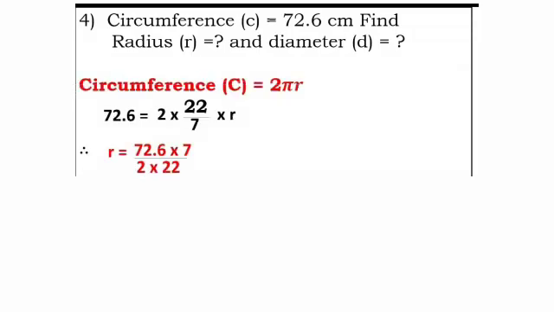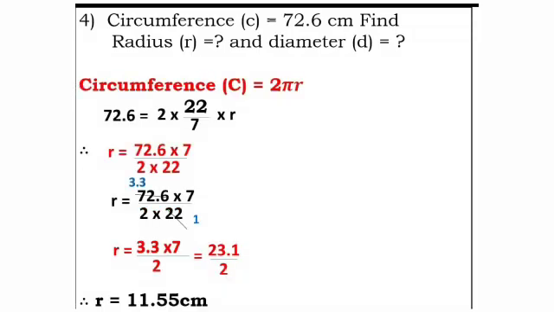Now the fourth sum of question number 1, where circumference is given to you as 72.6 centimeter and you are going to find out the radius and diameter. So circumference is equal to 2 pi r. Circumference is given to you as 72.6, which is equal to 2 into 22 upon 7 into r. Now again this 2 into 22 upon 7 of your right hand side will go to your left hand side and it becomes reciprocal.